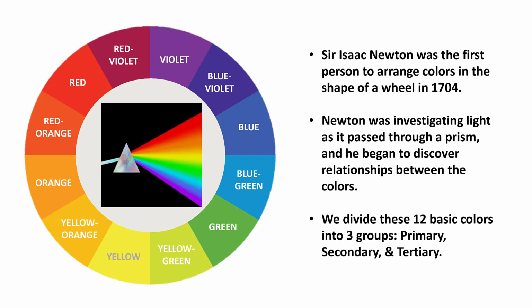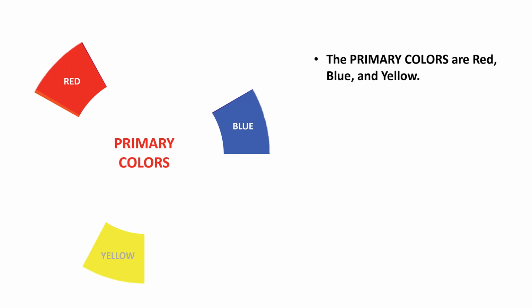So we divide these 12 basic colors into 3 main groups: primary, secondary, and tertiary. Tertiary sounds like a weird word, but it really just means third in line. So we have 3 main groups from these 12 colors. The first one we're going to look at are the primary colors.